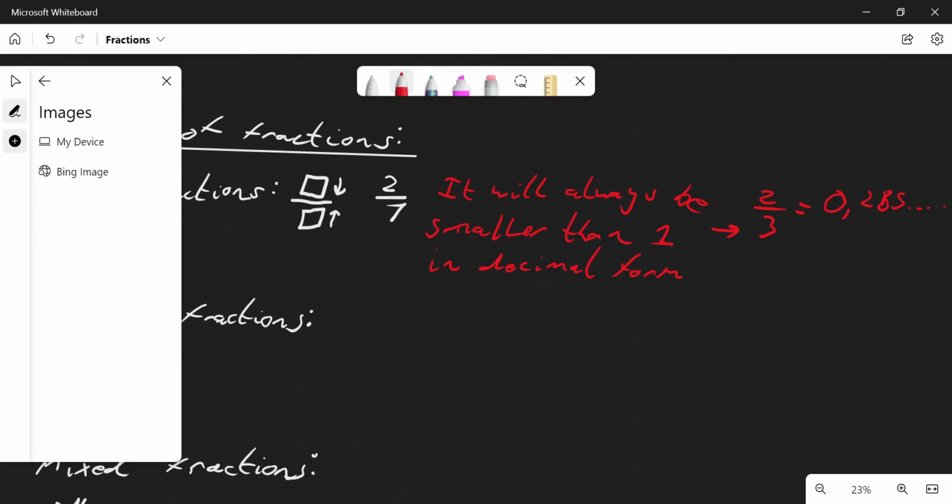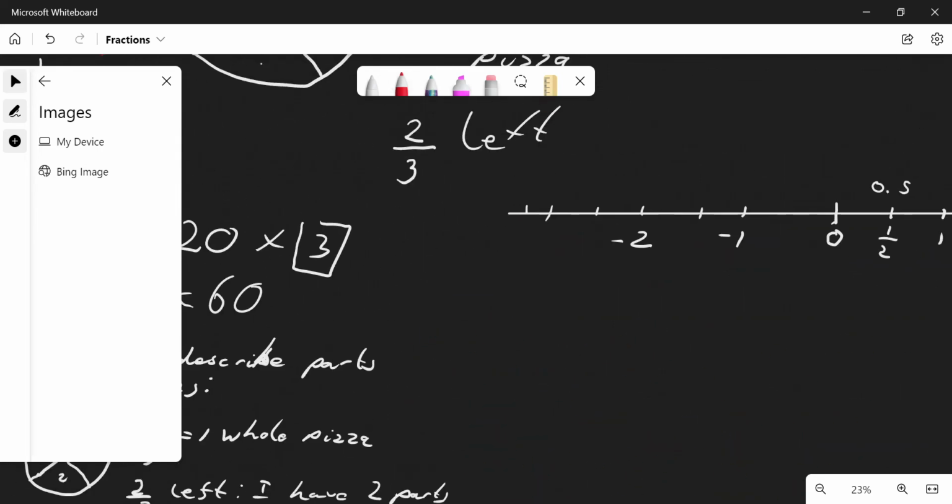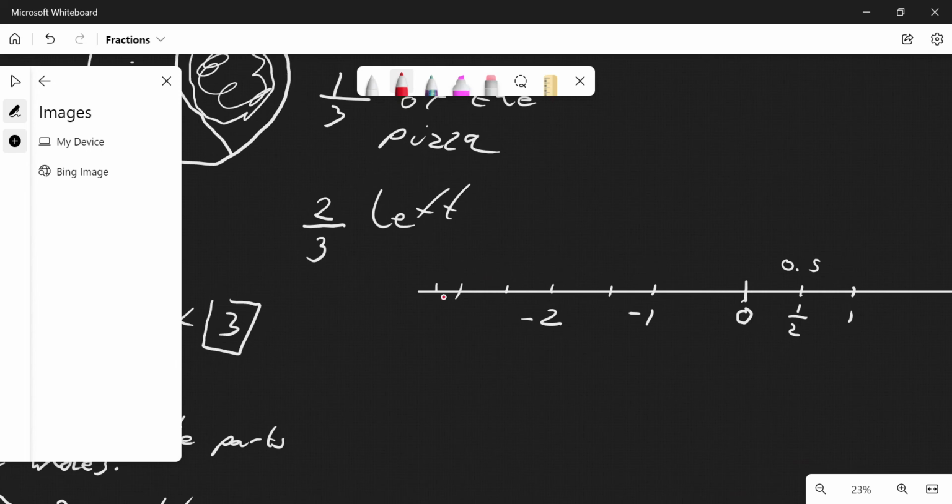It doesn't recur, and it's non-terminating. That's supposed to be an 8, guys. Let me erase that because that looks like a monstrosity. 0.285, and it goes on and on. This decimal, on the real number line, is smaller than 1. We have 1 here, and 0.285 would probably be somewhere here.